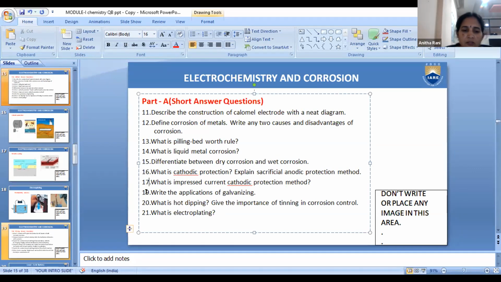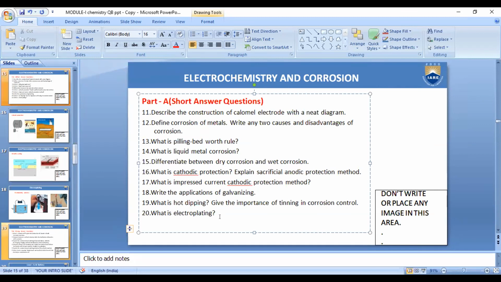Dry corrosion takes place in absence of moisture. Any other point? The process of corrosion is uniform in dry corrosion, and non-uniform in wet corrosion.